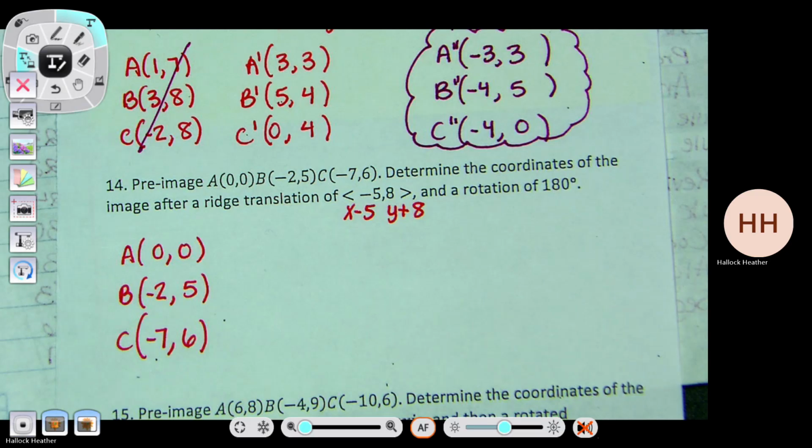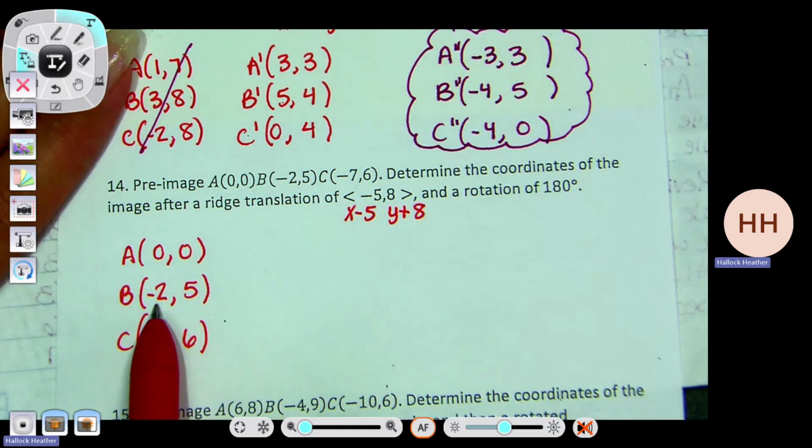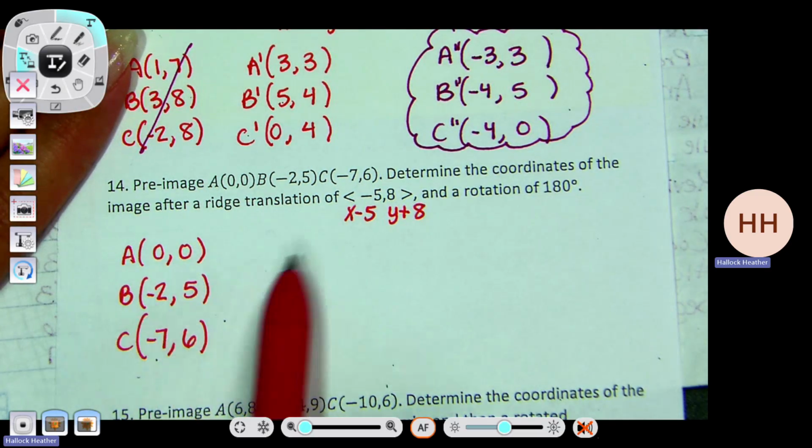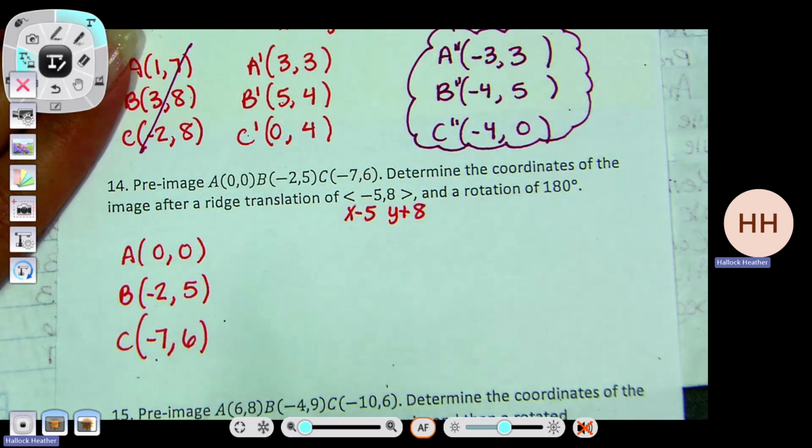You're talking about like B, right? Yeah, it'd be -2 -5, so that's -7.